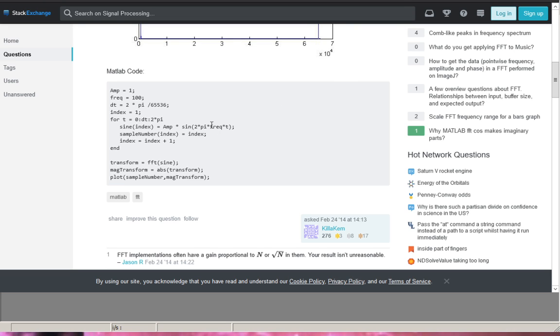Here's some MATLAB code: sine index amp times sine 2 pi times sample numbers, index equals index plus 1, transform FFT.